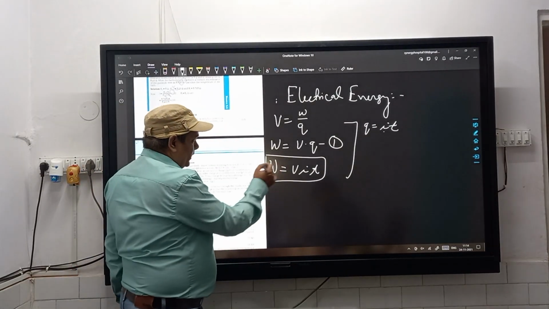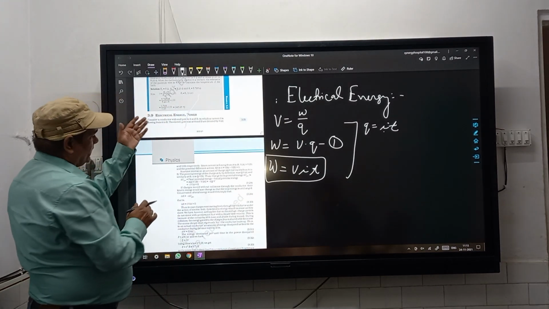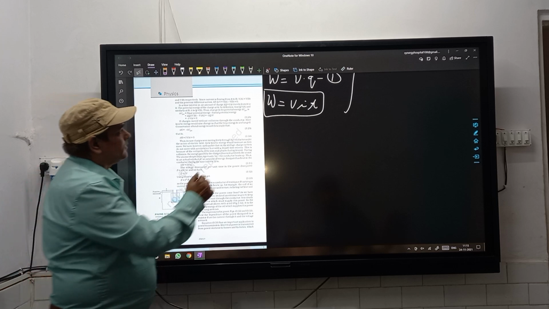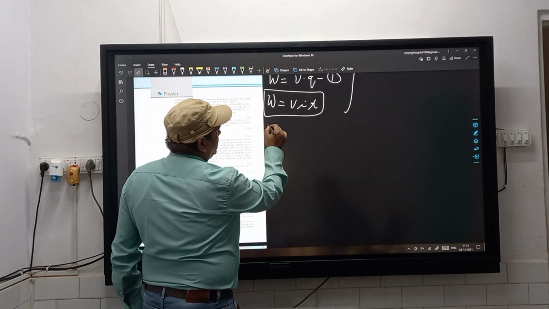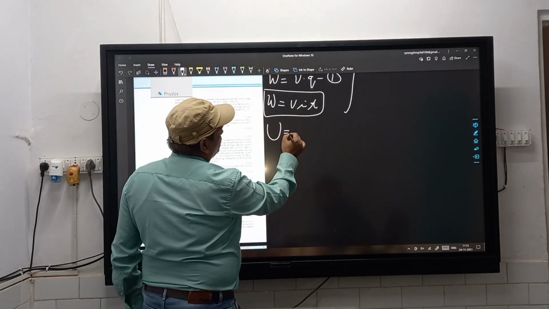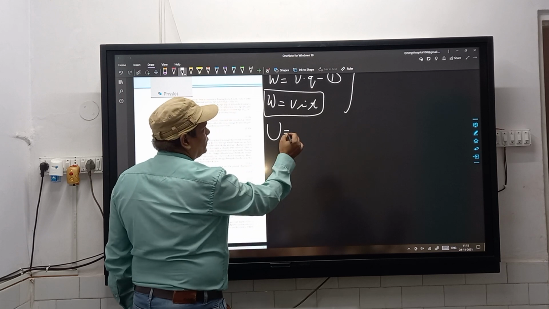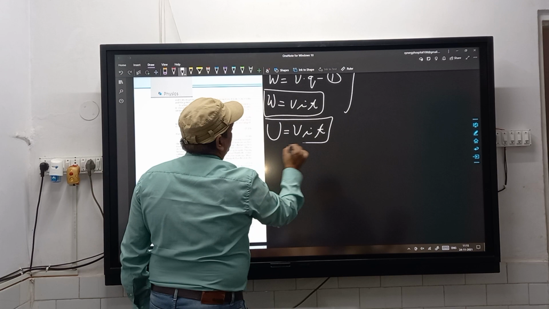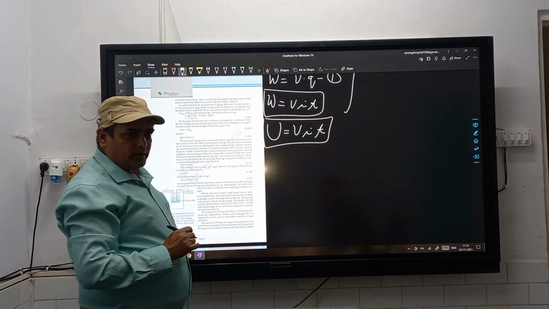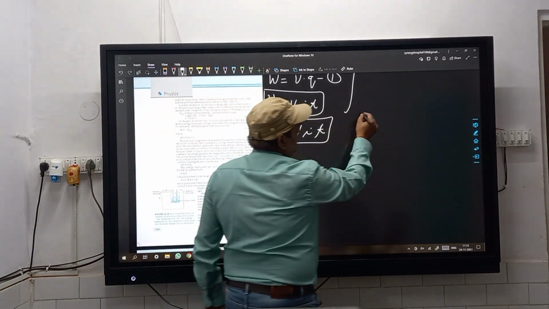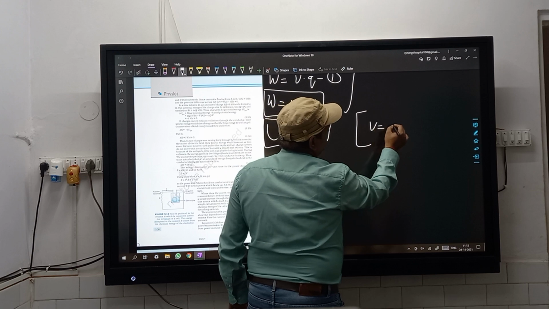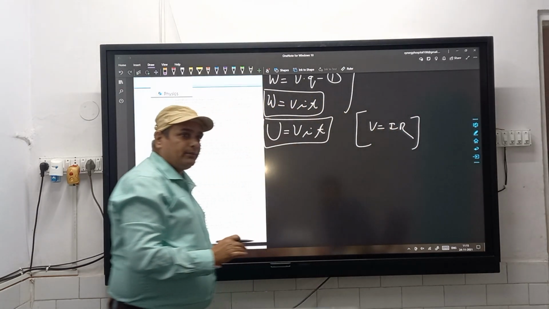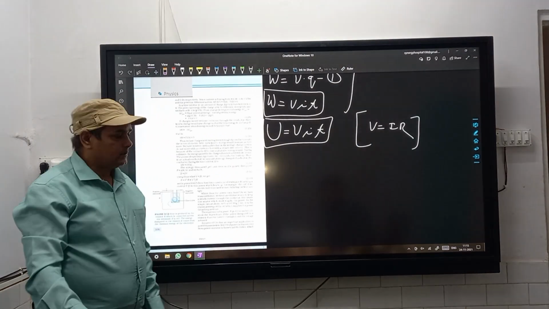So this work done is stored in the circuit in the form of energy, is called electrical energy. That is U is equal to V I T. Okay. From Ohm's law, you know that V equal to I R, where R is called electrical resistance.